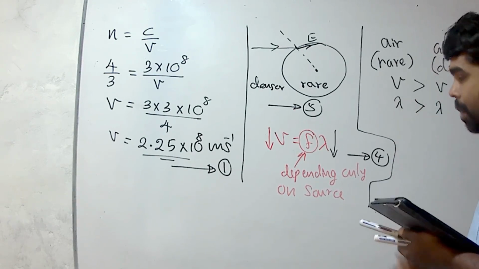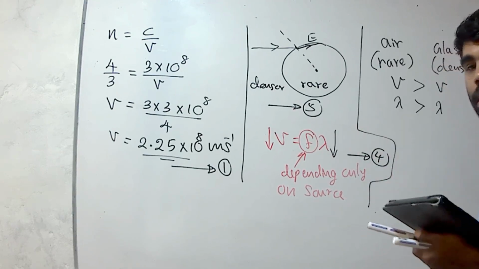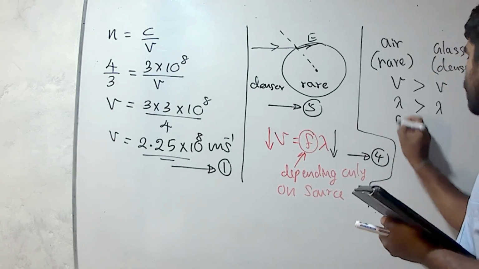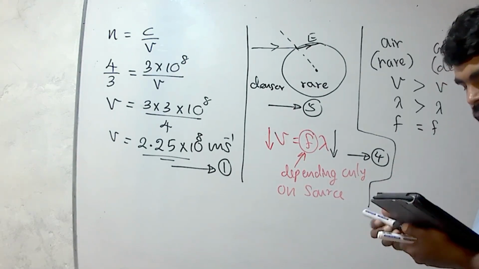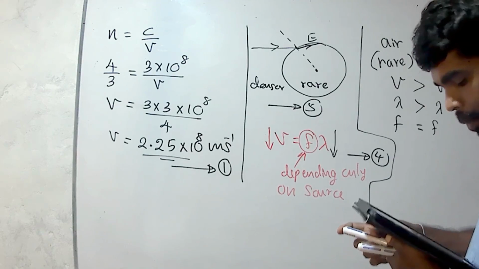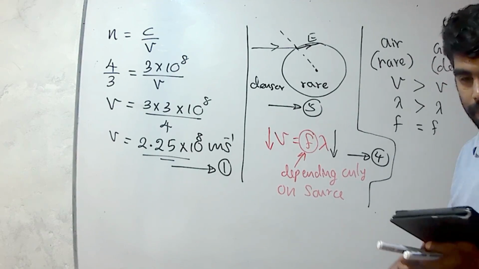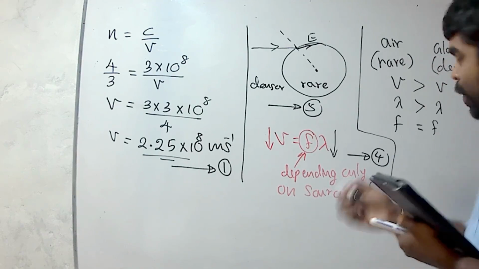But frequency is not changing, it depends only on the source. So frequency has no change, while speed and wavelength change. Then the answer is 5 for the question.